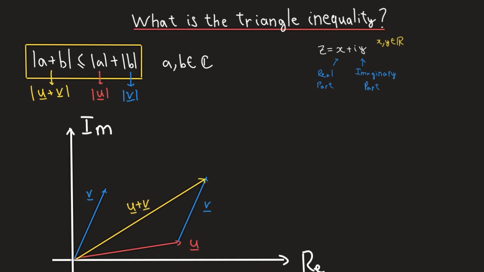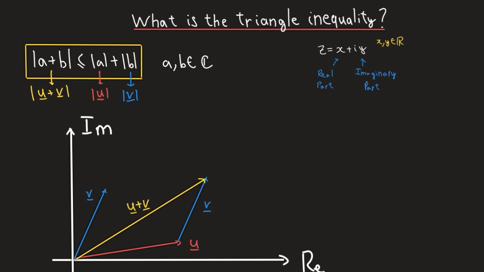And now we can readily interpret the triangle inequality. Essentially what it is saying is that the magnitude of the addition of the two vectors u and v will always be less than the length of the first vector u added with the length of the second vector v.